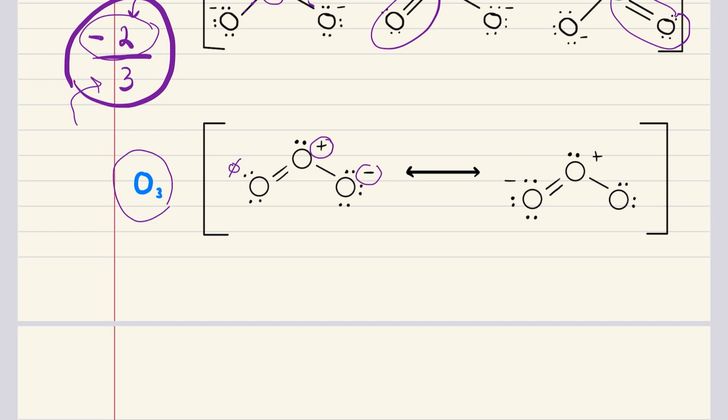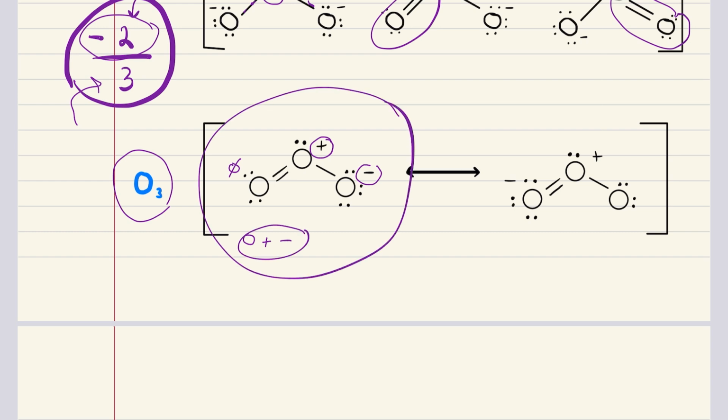And so yes, the total charge, 0, plus, minus, all cancel out to have a total of no charge on each resonance structure. There is a local charge associated with these atoms. And so that's important to account for.